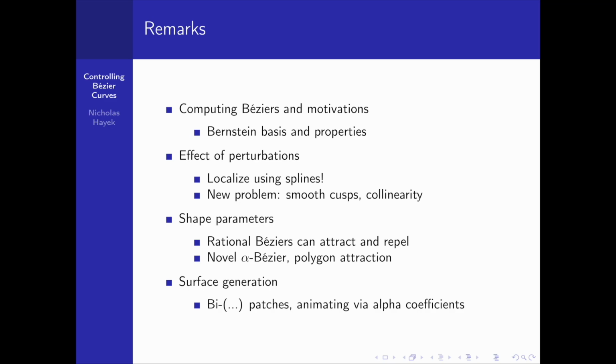We introduced rational Beziers in order to solve the issue of not wanting to change our control polygon, and also alpha Beziers for a simpler one-size-fits-all coefficient that can change how exactly the interpolation interacts with our data. And then we generalized all of these ideas to surfaces and ended up with an animated biquintic alpha Bezier surface patch. And that's sort of the conclusion, and that wraps up all of the topics we discussed.